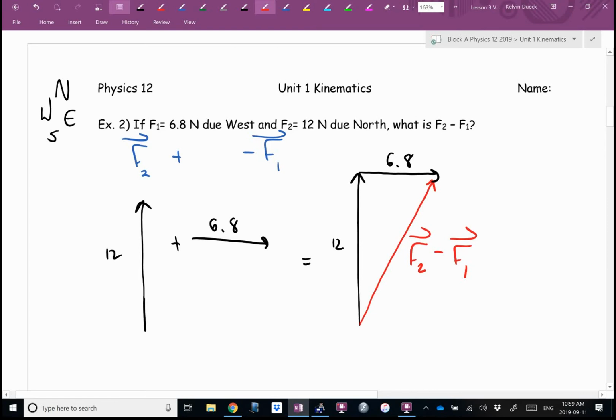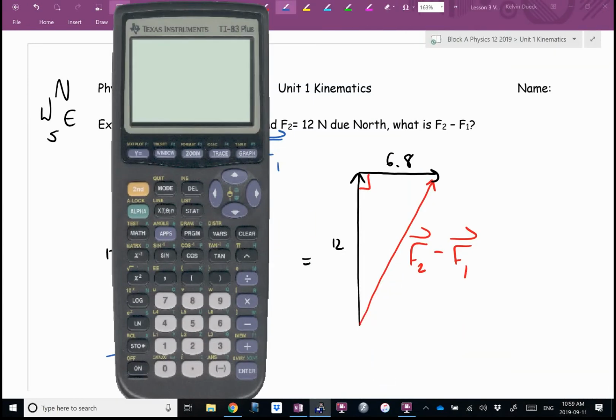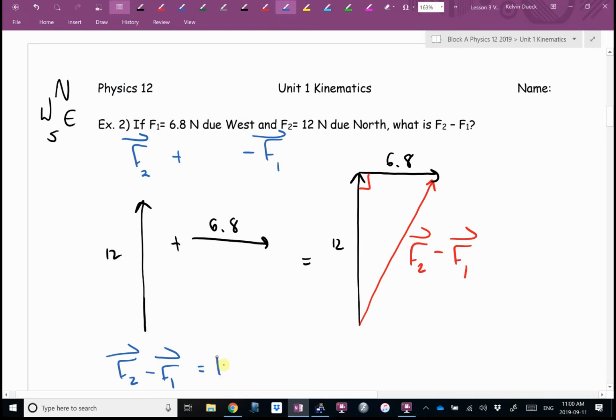If I do the Pythagoras, what's the magnitude? Let's see, 12 squared plus 6.8 squared, because it's a hypotenuse, it's not going to be 12 squared minus 6.8 squared, plus square root. 13.792, 13.8 if I go to 3 sig figs.